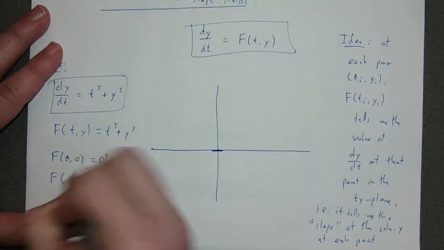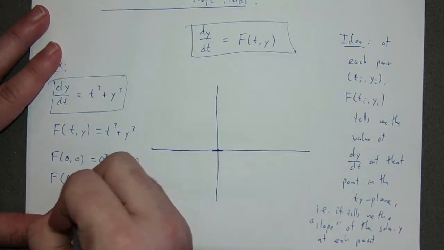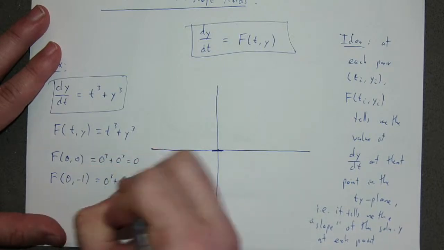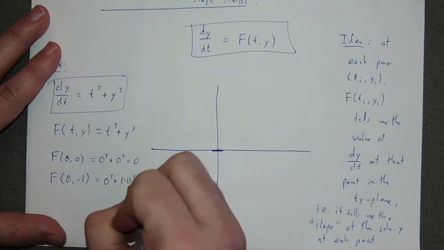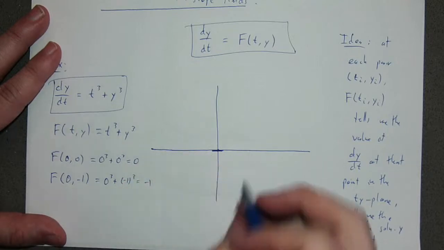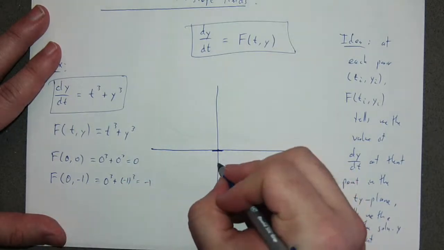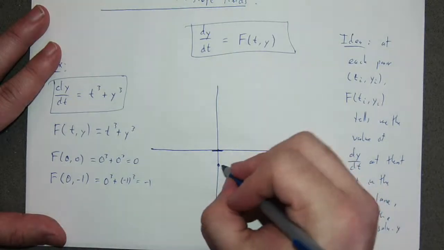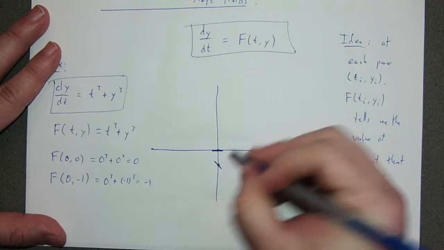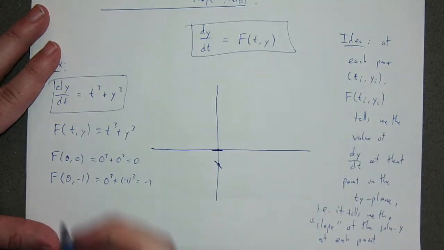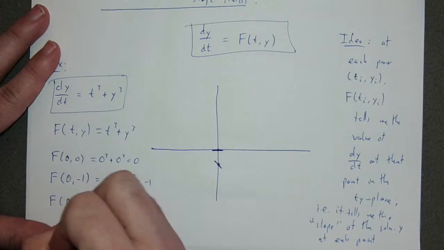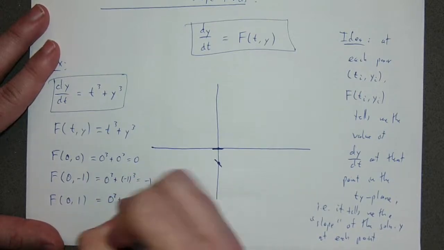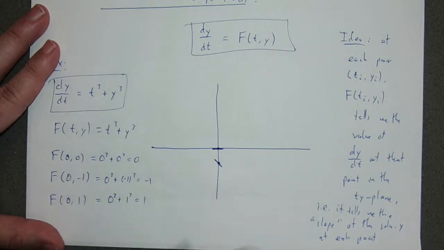What about f of 0, minus 1? Well, that's 0 cubed plus minus 1 cubed, which is minus 1. So that's the point 0, minus 1, which is like here. And at that point, I have a slope of minus 1, which is a negative slope. Looks like that. At f of 0, 1, this is 0 cubed plus 1 cubed, which is 1, so it's a positive slope.